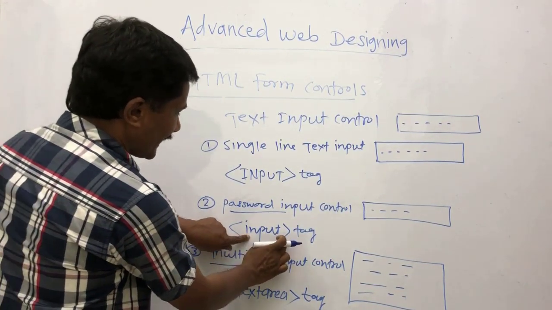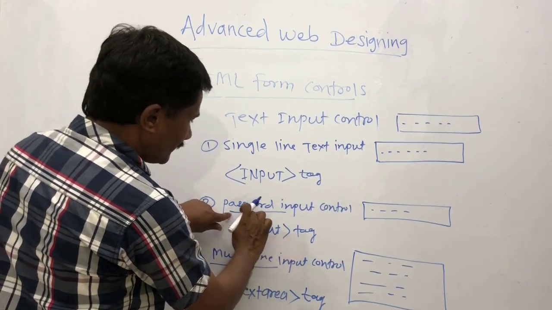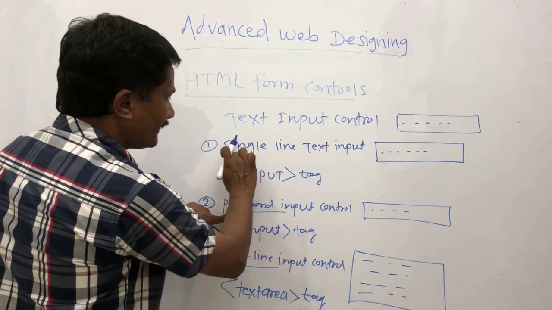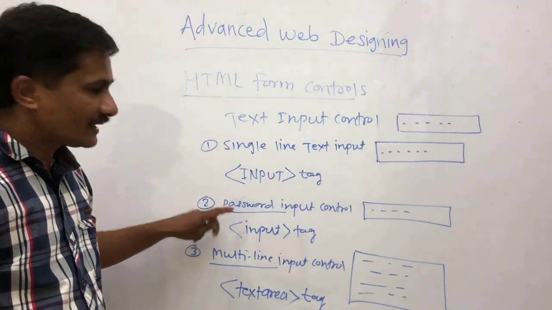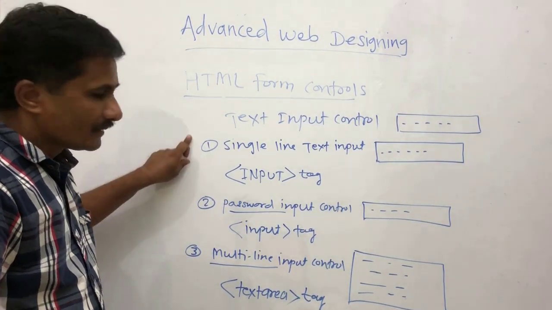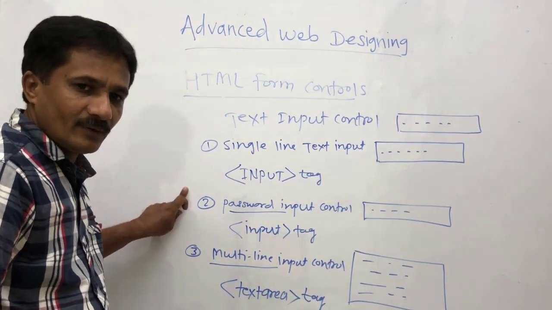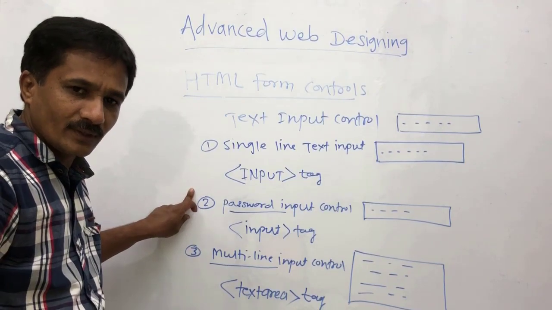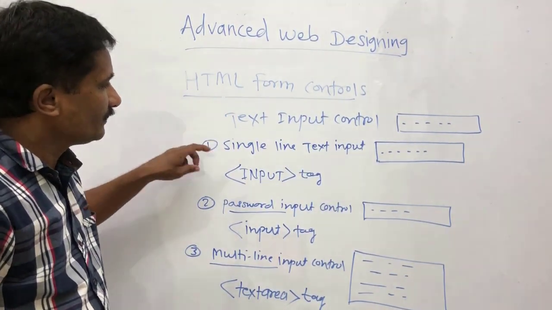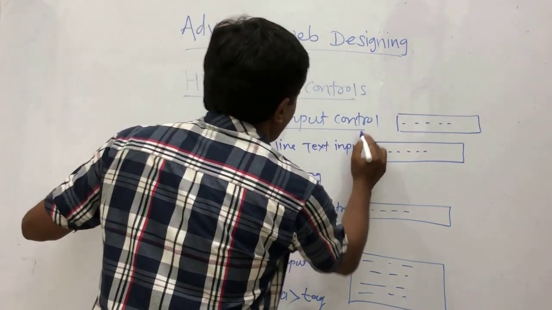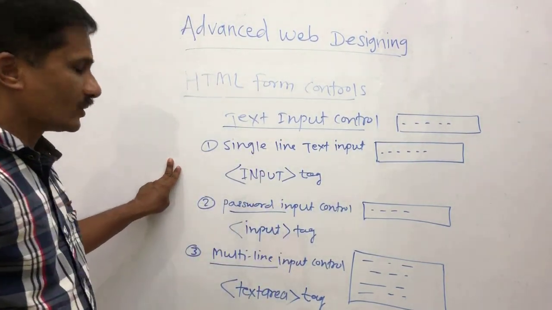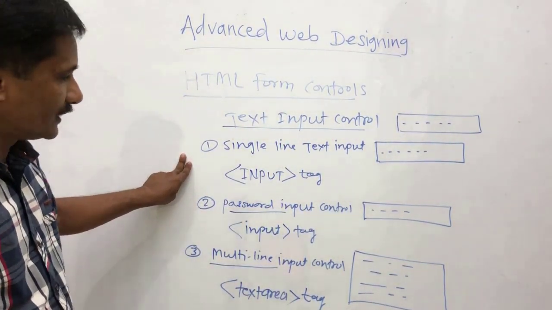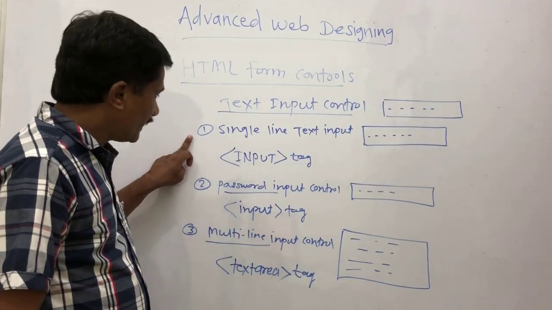Okay, input tag is used to create password input control as well as single line input text control. These are the three types of text input used on a form. These three are the examples of the text input controls.